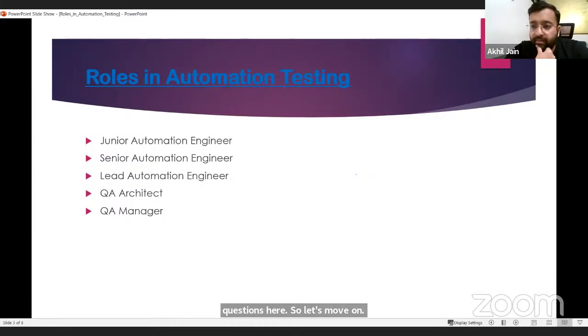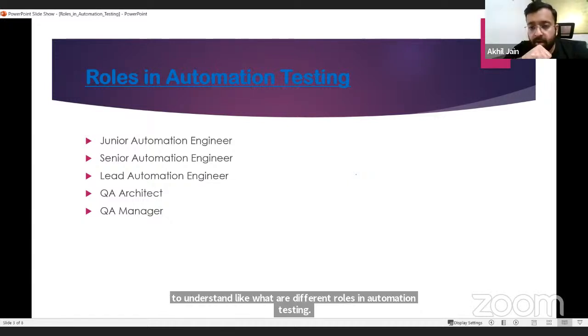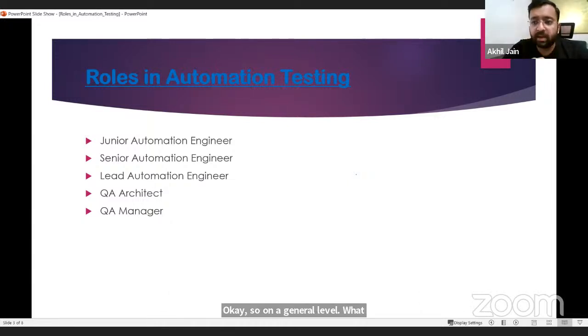We want to understand what the different roles in automation testing are. So on a general level, I have tried to generalize the kind of roles we find in the QA industry. To start with, we have the entry level, let's say the junior automation engineer.